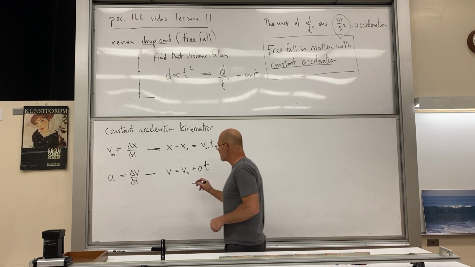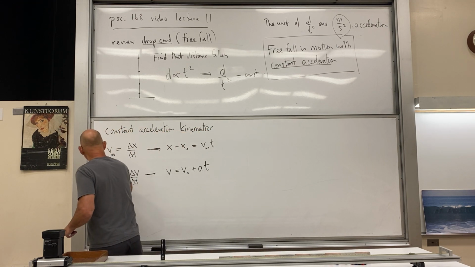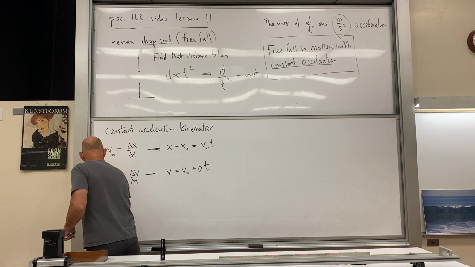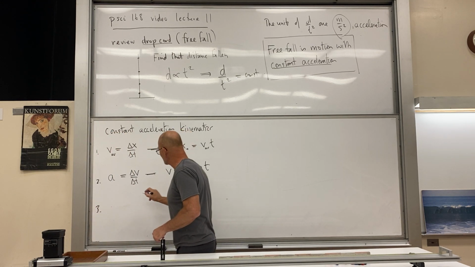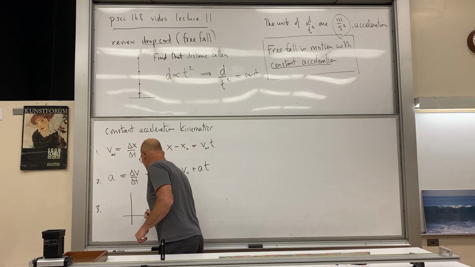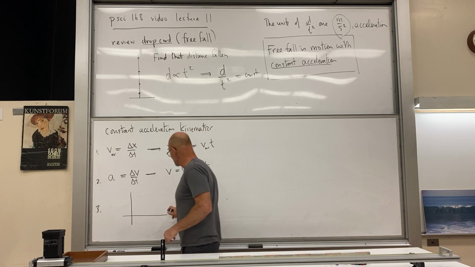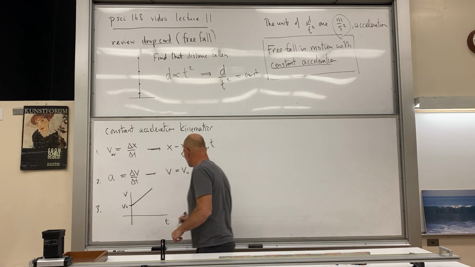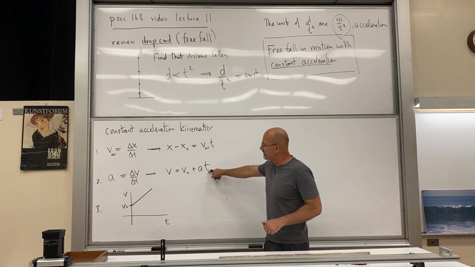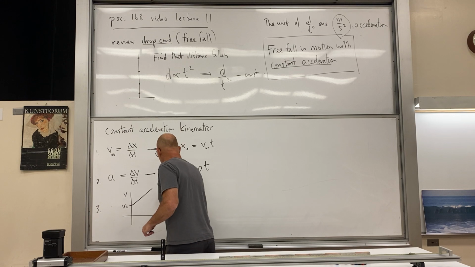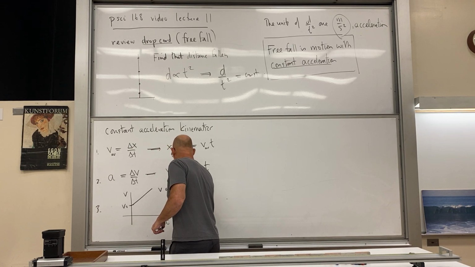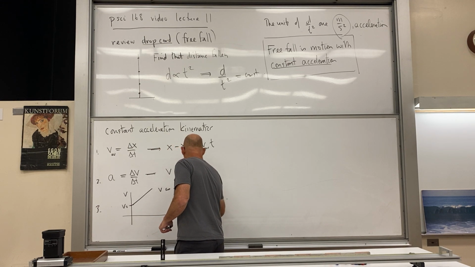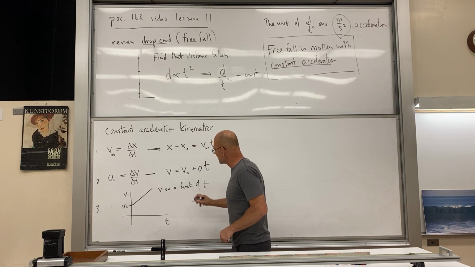And if I were to graph this one, let's just number this little sequence of ideas. If I were to graph this thing here with a constant acceleration, this is a straight line graph, V as a function of t. It's just a straight line.